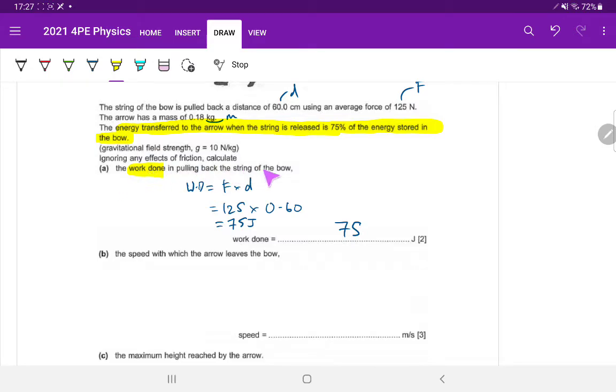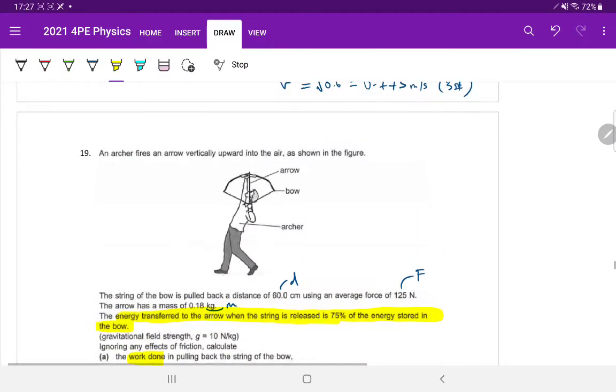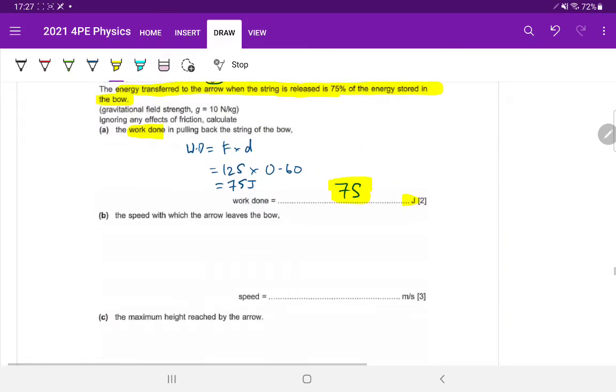So the work done in pulling back the string measured the amount of energy converted to elastic potential energy in the bow. The work done required to pull it back was the amount of energy stored in the bow.